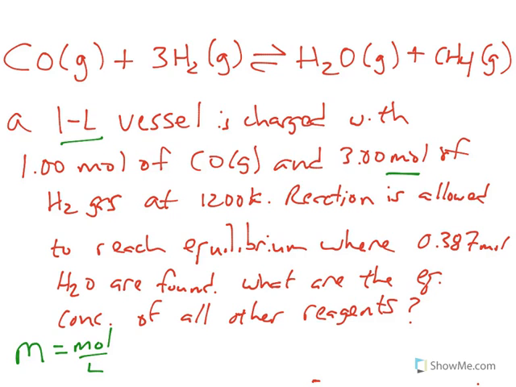So in this case, you can just say moles equals molarity, because of the nice part of having a 1 liter vessel. What else are we dealing with here? 1200 K. Well, that's nice, they're just telling us it's operating at that temperature. The reaction is allowed to reach equilibrium where 0.387 moles of water are found. What are the equilibrium concentrations of all the other reagents?